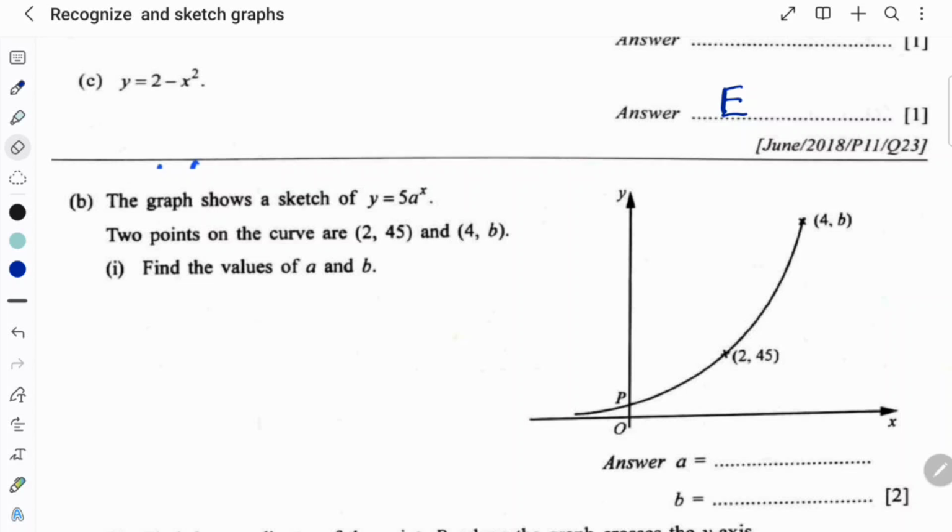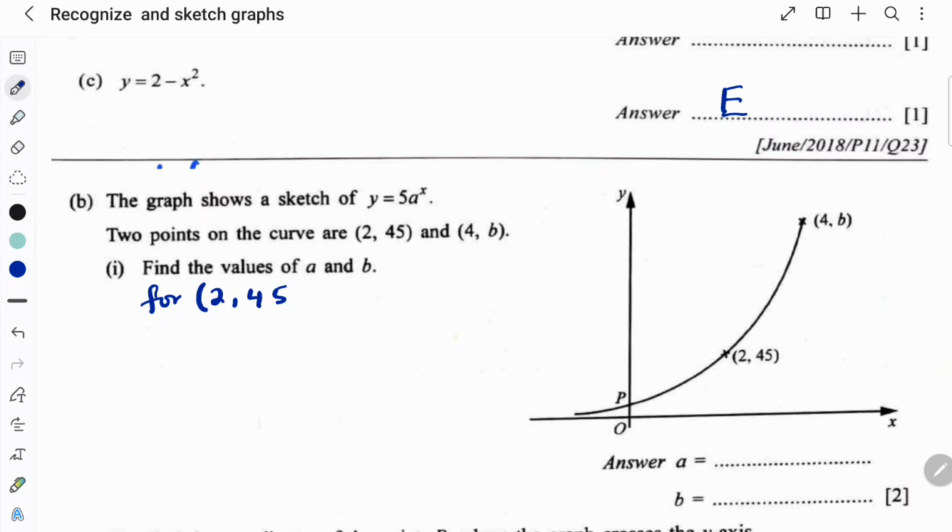Alright, for a and b we are just substituting one by one the coordinates which are given. First we try 2 and 45 because both the coordinates are there, so easy for us. Maybe we'll find out one of the values.